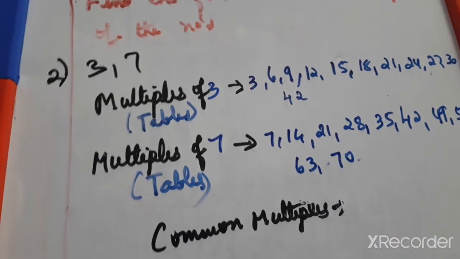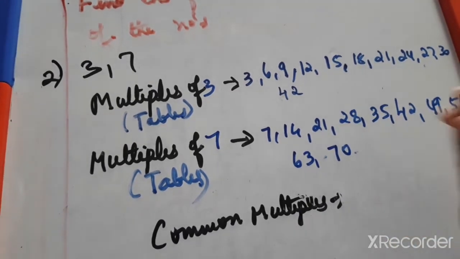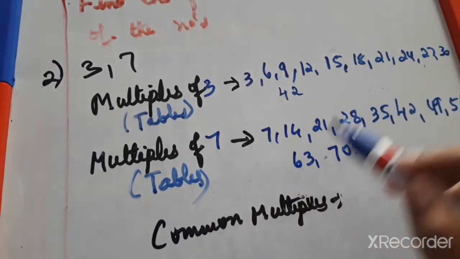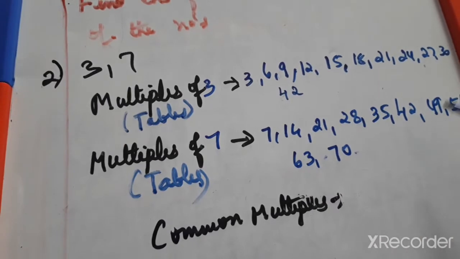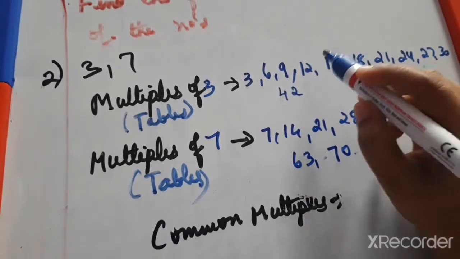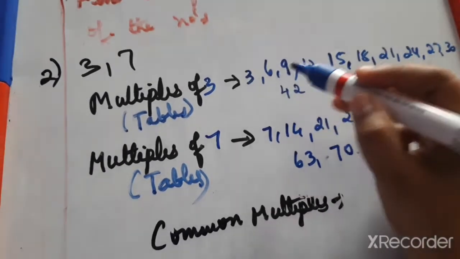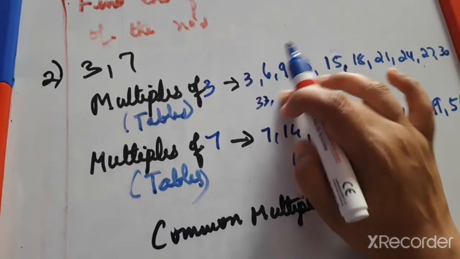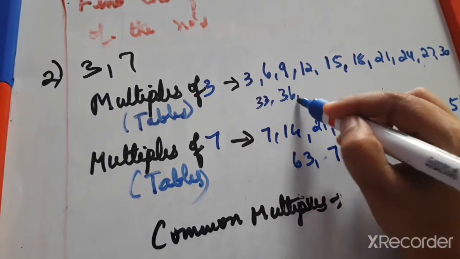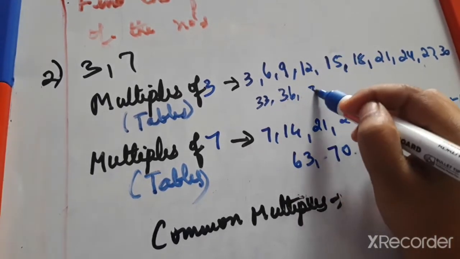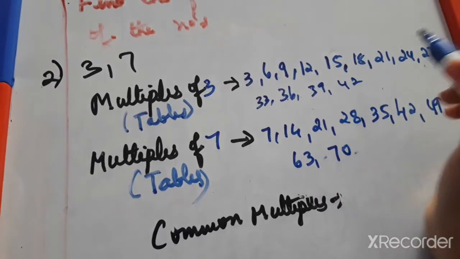Now we have to write the common multiples. Any two common multiples. Which is common here? Here the table of 3 is written, and the table of 7 is written. After 3 tens are 30, we took up to 42 also, so 33, 36, 39, 42.